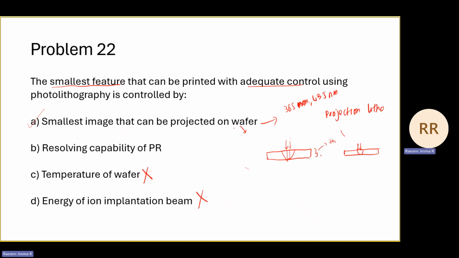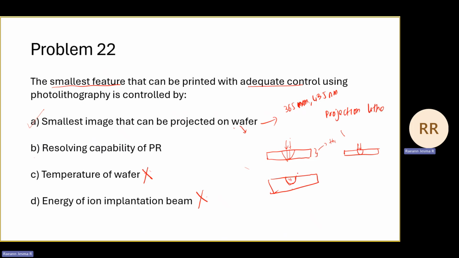What happens if we use a thicker photoresist but reduce the energy of the beam used for exposure? As the beam moves into the photoresist, it will not be able to reach the bottom of the photoresist. So only this much region will have its solubility changed.